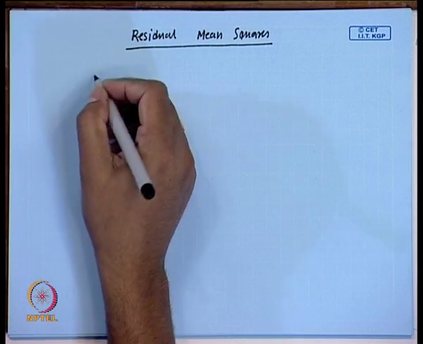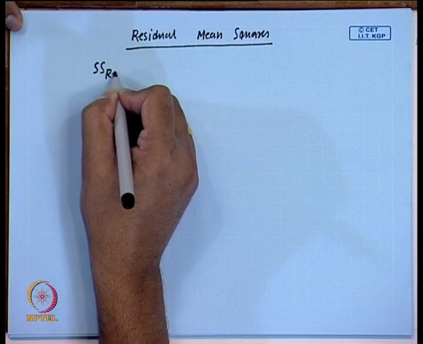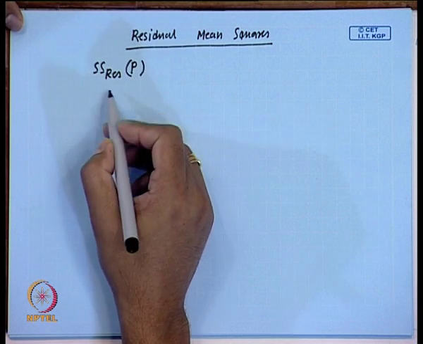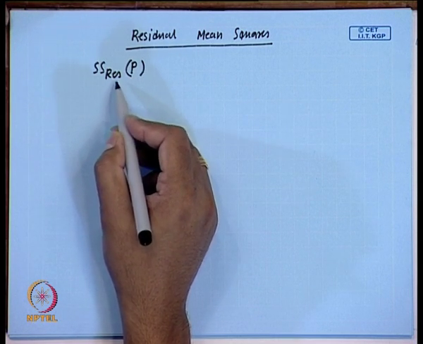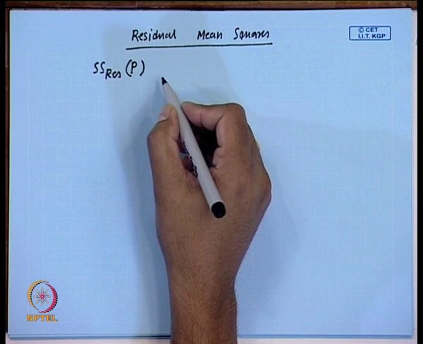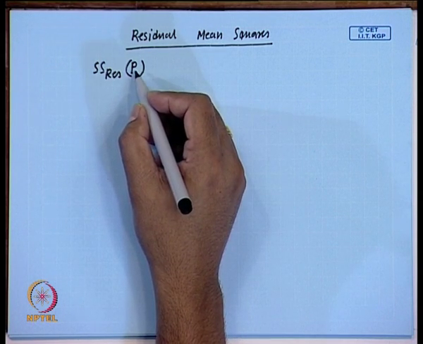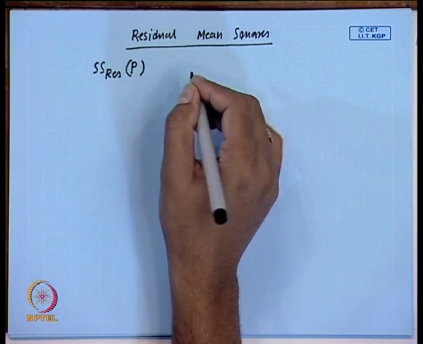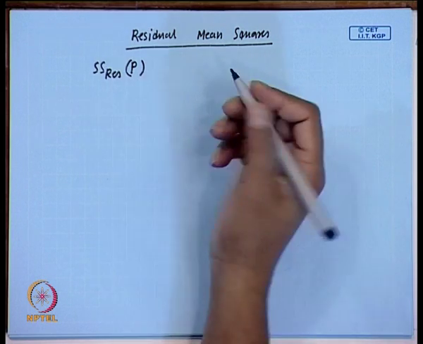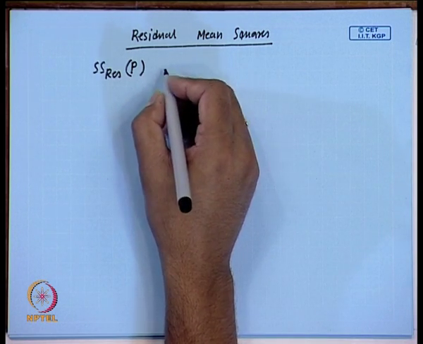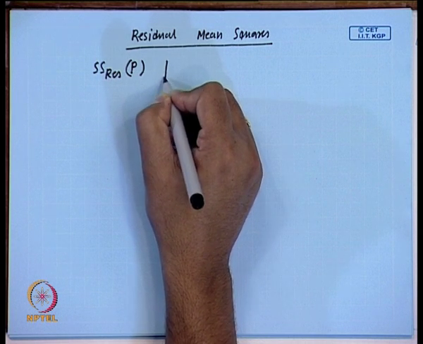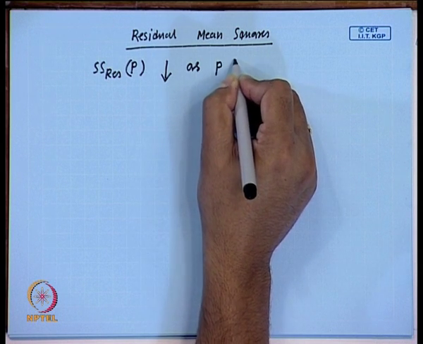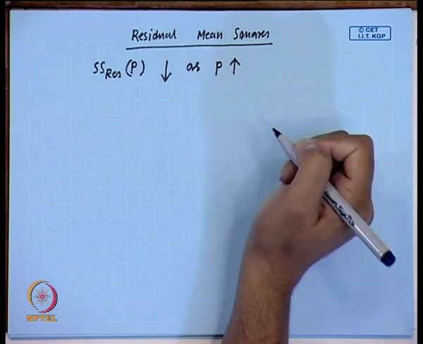Well, so what we know is that SS residual P, by P I mean this is the SS residual for the model with P minus 1 regressors, when K minus 1 is the total number of regressor variables. We know that this one decreases as the number of regressor variables increases.